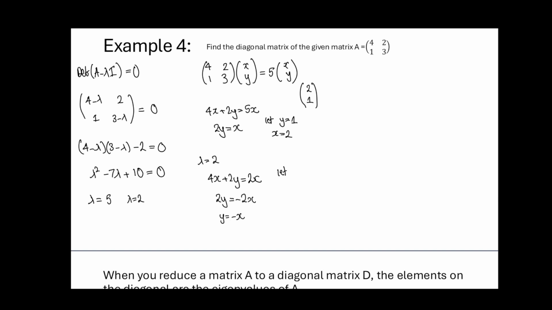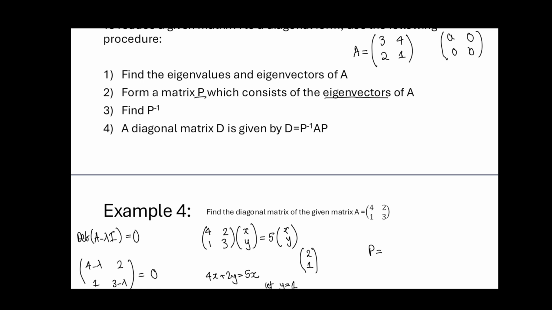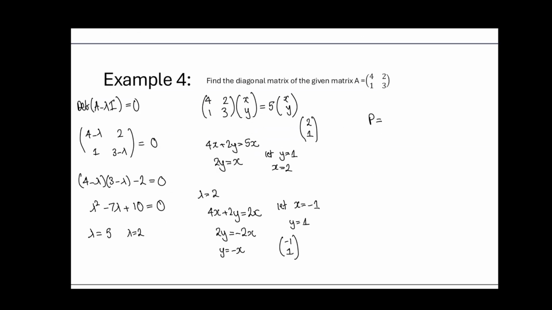If we let x equal minus 1, we get y is equal to 1, so our eigenvector would be minus 1, 1. That means the matrix P, which is consisting of the two eigenvectors of A, would be minus 1, 1 and 2, 1. Now we need to work out the inverse of P.